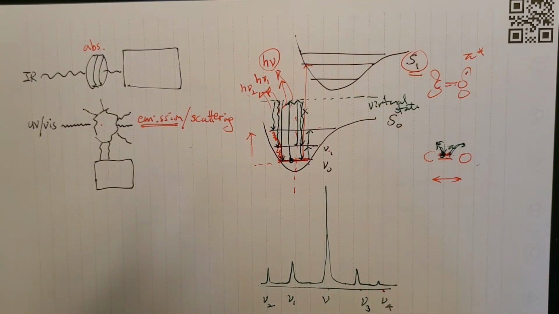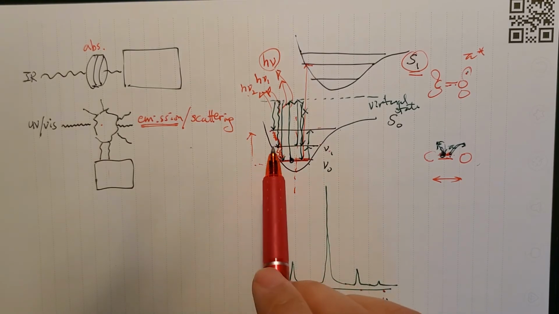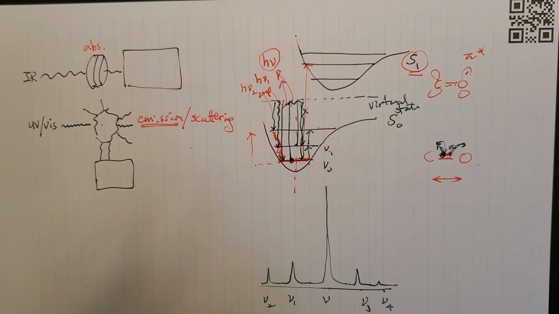So in terms of intensity, this peak that spits out the same amount of energy from the given vibronic state will be the most intense, usually very intense. And then other peaks reaching other states are normally less likely, so weaker.